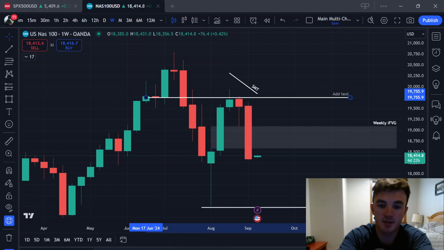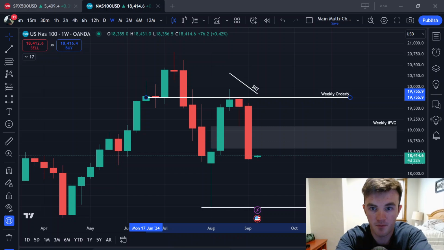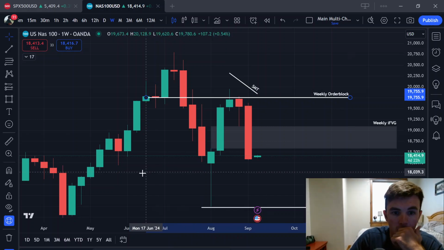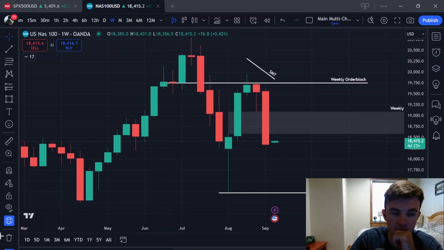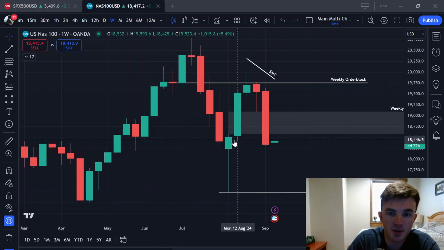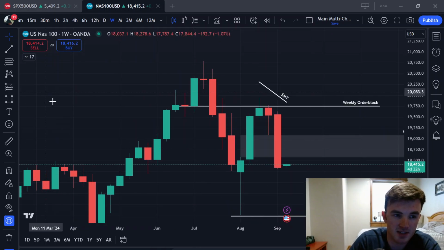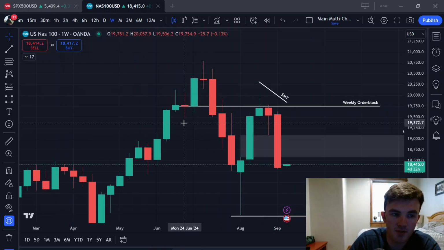So now what am I expecting possibly going into this next week? Well, something that a lot of the time you can do when you're measuring moves like this is you can take the standard deviation of a manipulation leg.